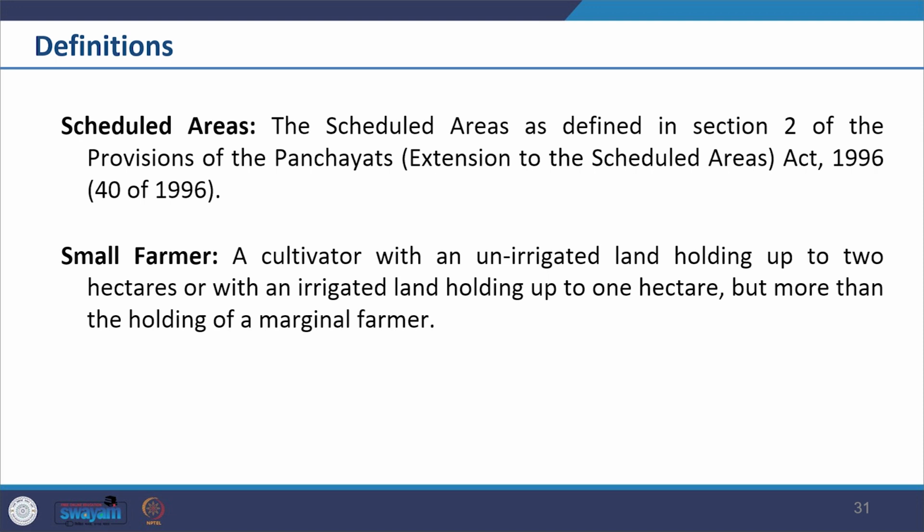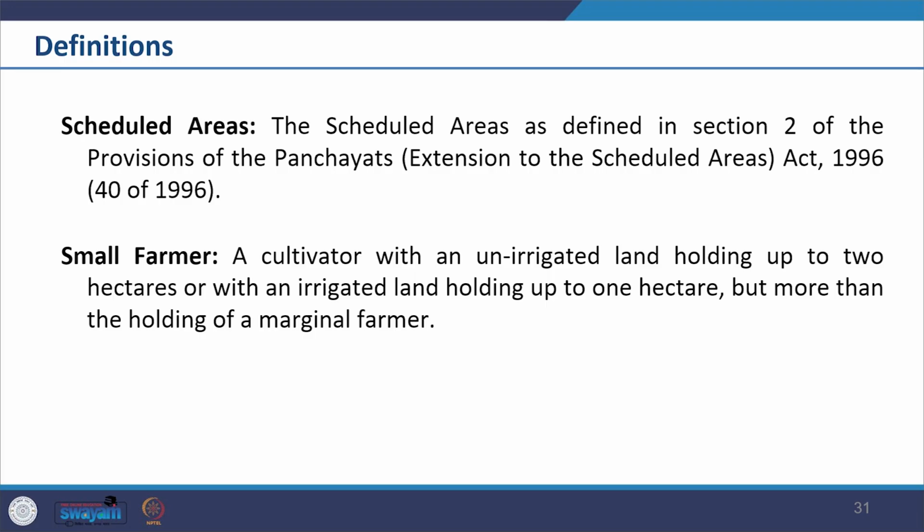So it includes the definition of scheduled areas. Scheduled areas are defined in Section 2 of the Provisions of the Panchayats (Extension to Scheduled Areas) Act, 1996. So it defines what scheduled areas are and what it really means, and it also defines farmers and small farmers, meaning a cultivator with an unirrigated land holding of up to 2 hectares or with an irrigated land holding of up to 1 hectare but more than the holding of a marginal farmer.